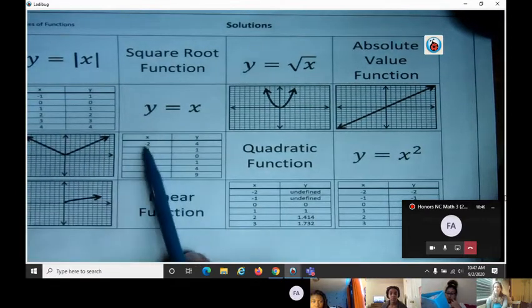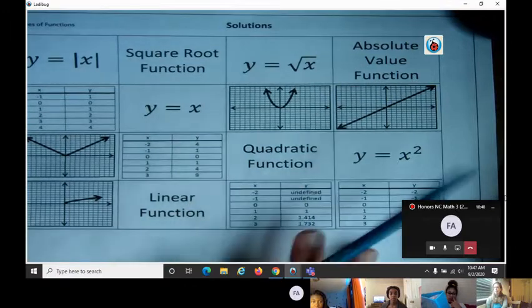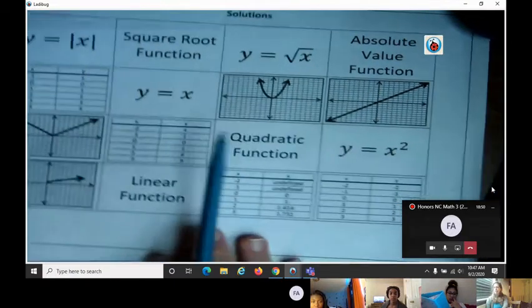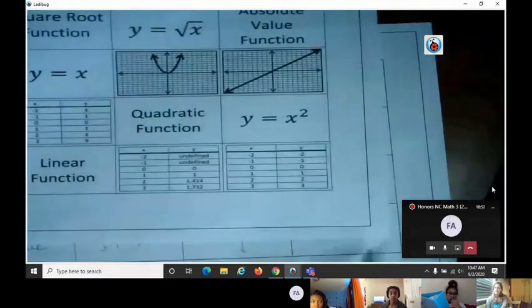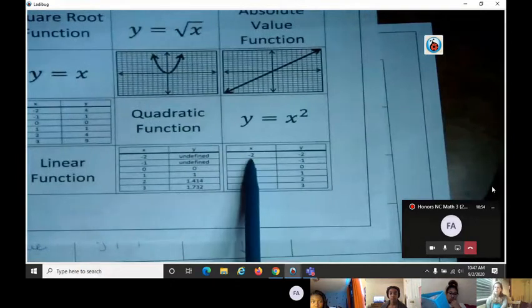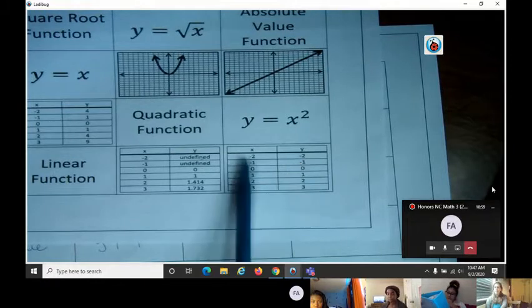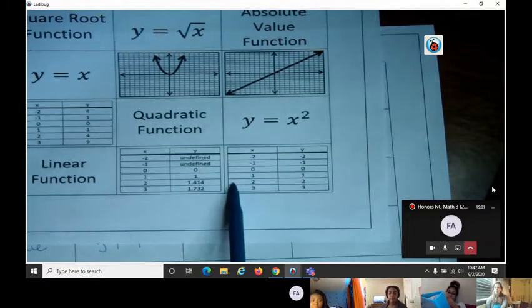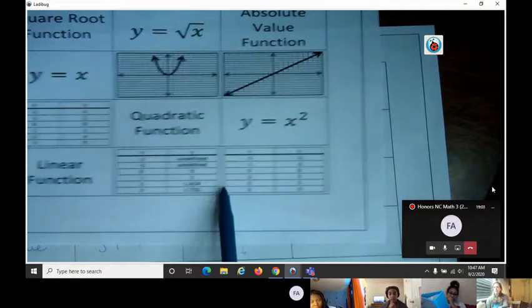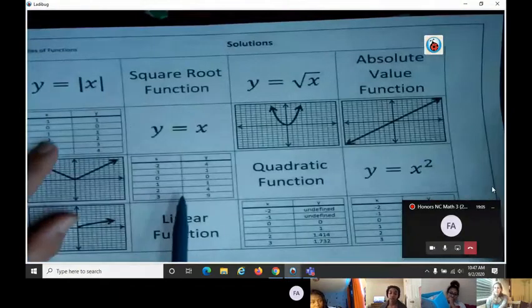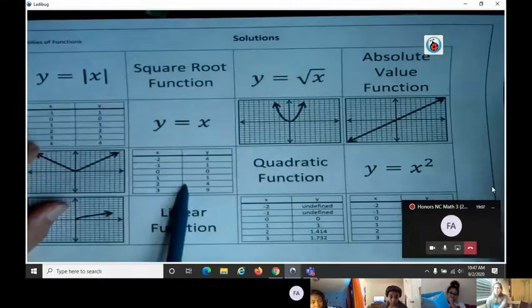My -2 turns into something positive, and so does my -1. And then my last option is down here. But see, my -2 is paired with a -2, -1 to -1. So this can't be an option for a quadratic. So it either has to be this table here, the top one, or the bottom one.